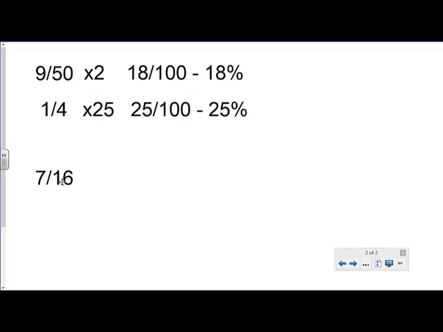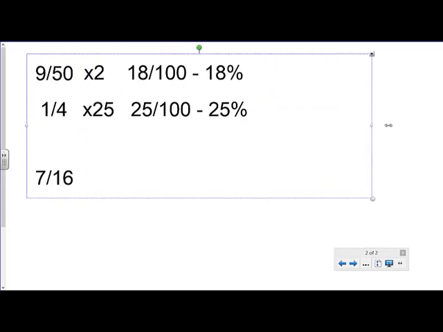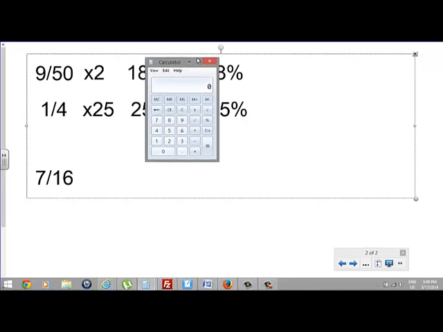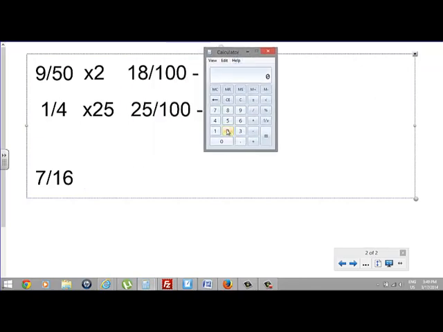The problem is when you get into numbers like 7 over 16. The problem with 7 over 16 is there's no easy way to turn that denominator into 100. The best way to do it is going to seem really simplistic, but it's absolutely the truth. Let me show you. If you take a calculator and you divide 7 by 16, well, that's what a fraction is, if you think about it, right? That slash means divide by.